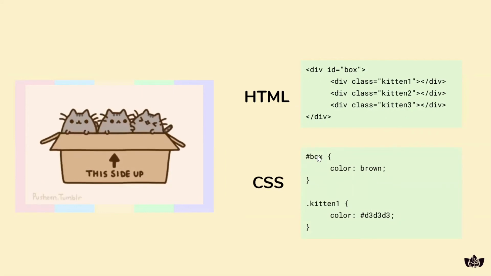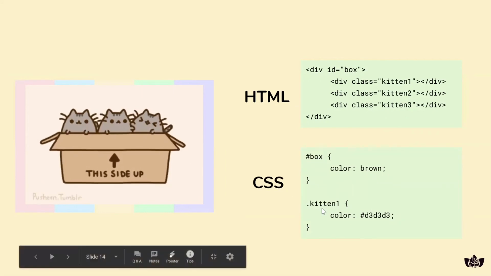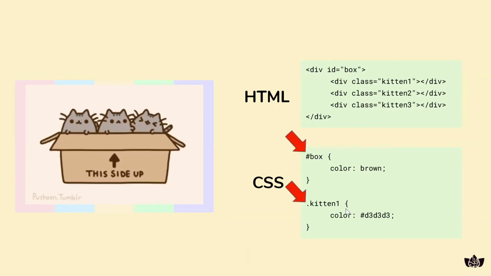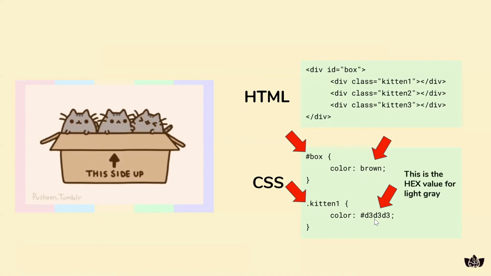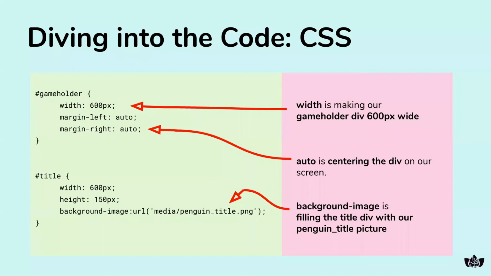I called this box, and I called one of the kittens kitten1. I also added colors. You can add colors in multiple ways in CSS. Here I colored brown by just typing in brown, and this is gray, but this is actually the hex code for gray. You can learn about other ways on W3 Schools.